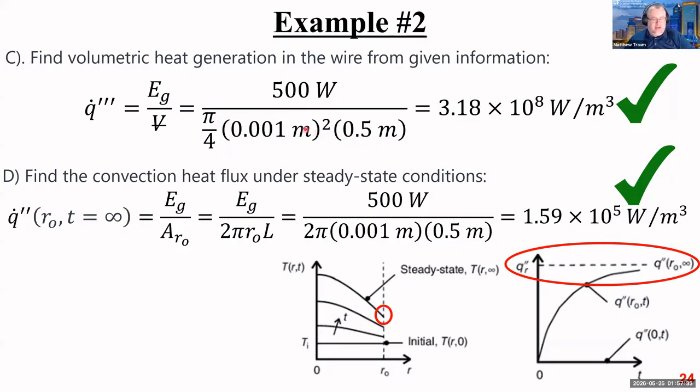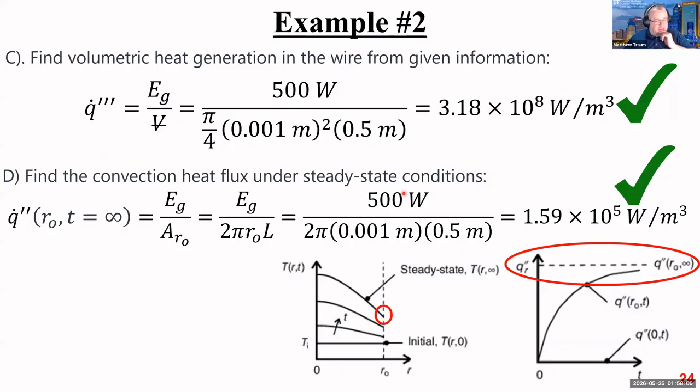Take that as the denominator under 500, and I get 3.18 times 10 to the 8th watts per cubic meter. So that's my volumetric heat generation. This, again, is borrowed from the textbook, and it's the same as the value of the book, so I get a green check there. And then the last part is find the convection heat flux under steady state conditions.